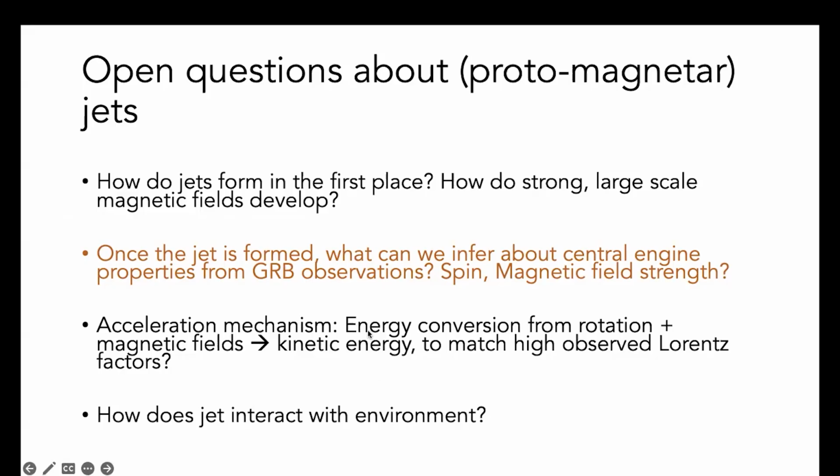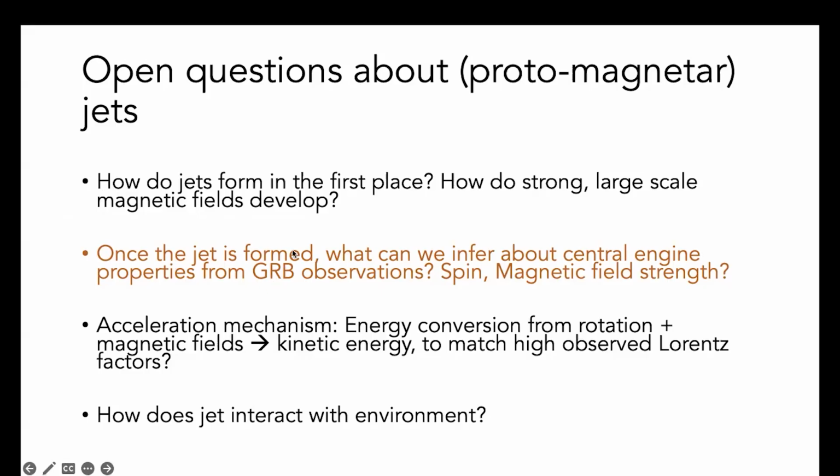And so there's a question of how do we convert the energy, which may be mostly magnetic energy initially as the material is leaving the central engine, into kinetic energy? How does material accelerate and match the high Lorentz factors that we do observe in these jets? So that's another question, but I also won't be focusing on that.